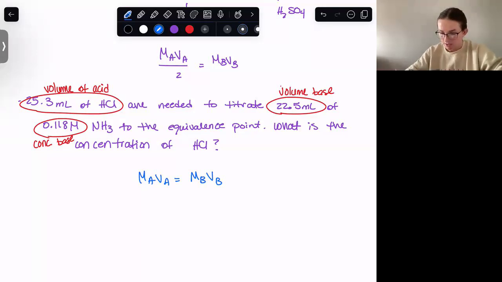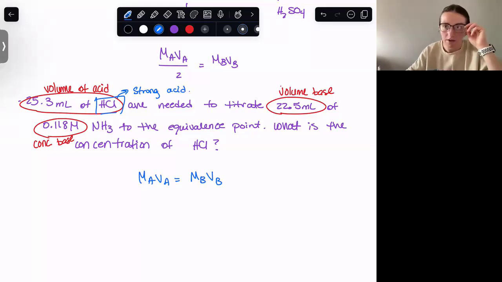That's a great question. So HCl is one of your 6 strong acids. I believe she will tell you if it will be a strong acid or a strong base, but I recommend recognizing the strong acids. There's only 6 of them, and HCl tends to come up more often than not.